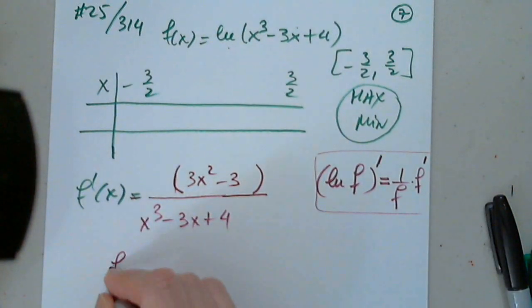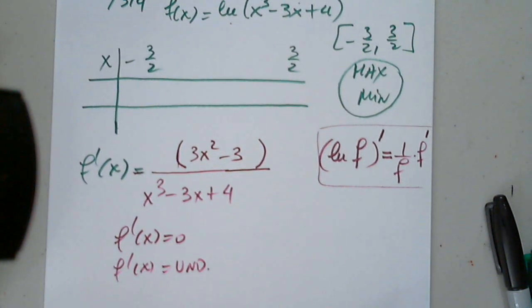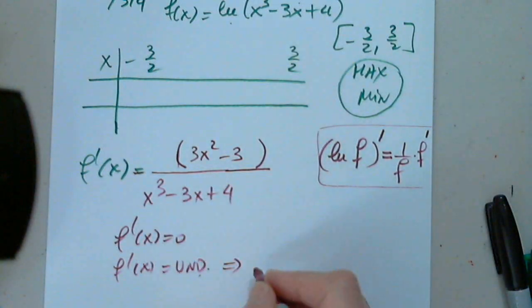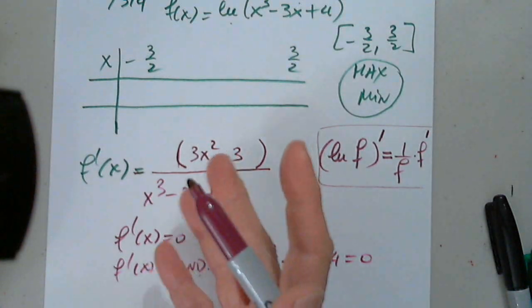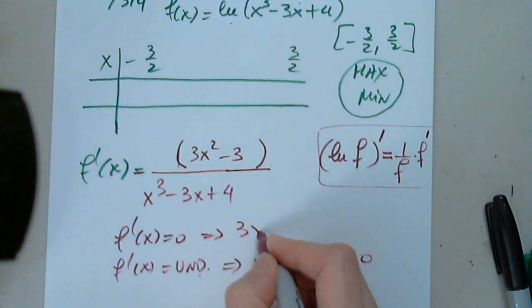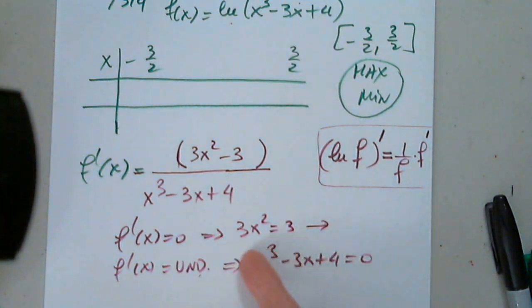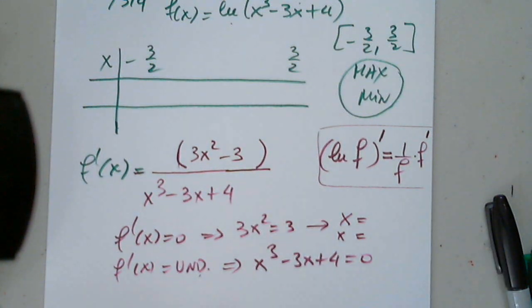Good, so now we have to set this equal to 0, or set this equal to undefined. For undefined, it would mean that the denominator is 0. For 0, this will mean that 3x squared minus 3 equals 0. From here, we have immediately two solutions. Can anyone give us those two solutions for this equation after you divide both sides by 3?